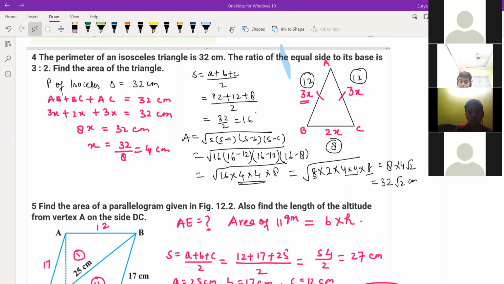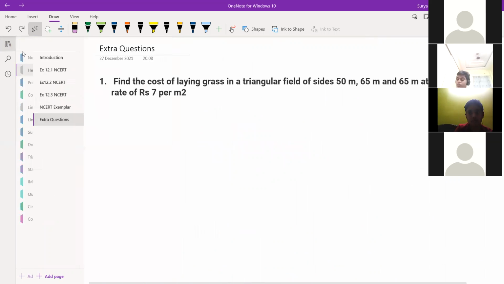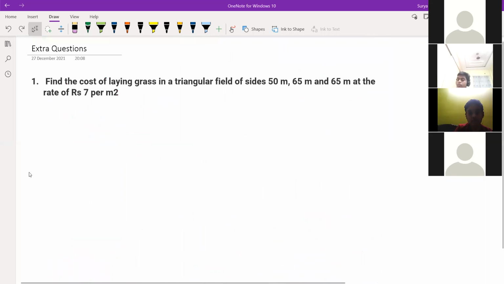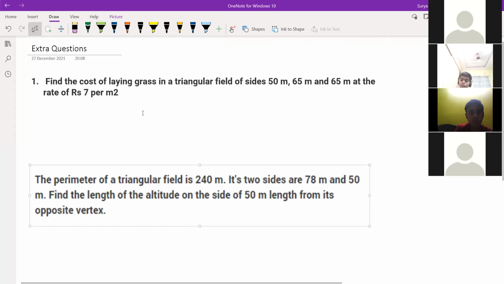The question which I'm asking right now is also easy, but you should understand the perimeter of the rectangular field. Do this question now. See this question, the cost of laying grass.